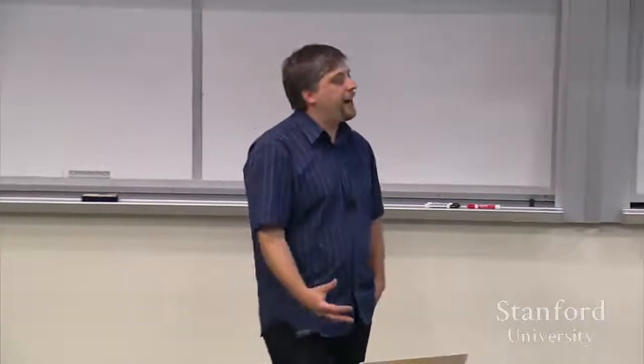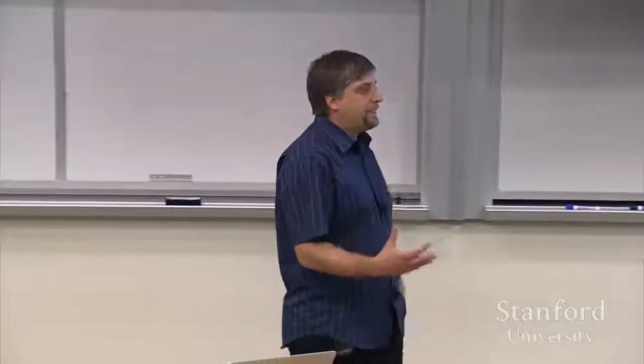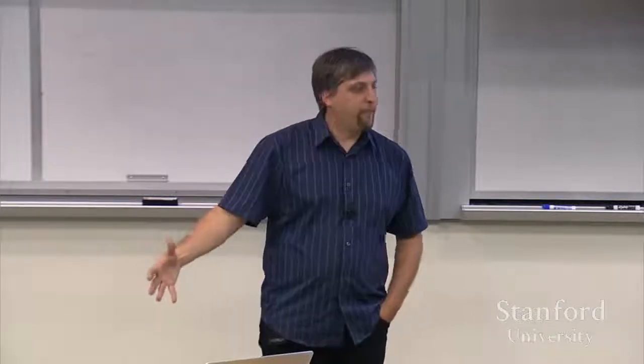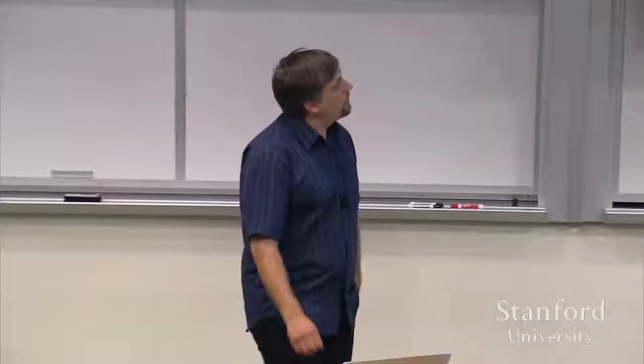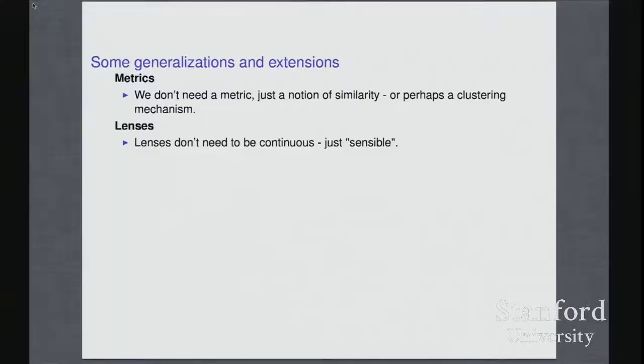Using lenses that are discontinuous, say taking values in a finite number of categories, is itself very useful and something we do a lot. Sensible means don't take a random function; have it have meaning for your data. We saw that in the exercise, but I wanted to stress it.